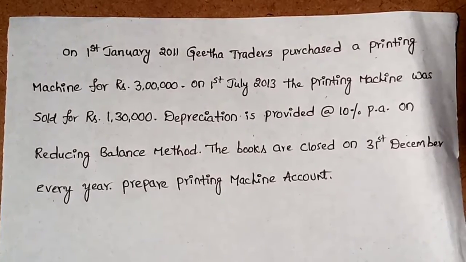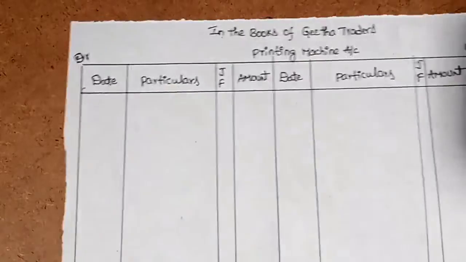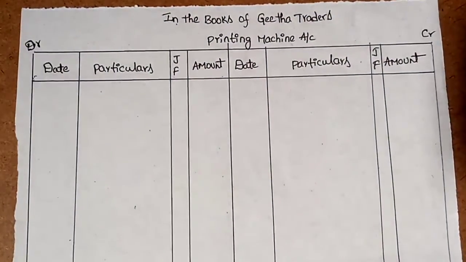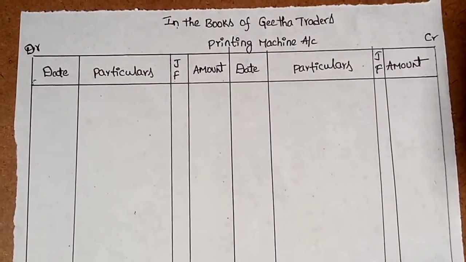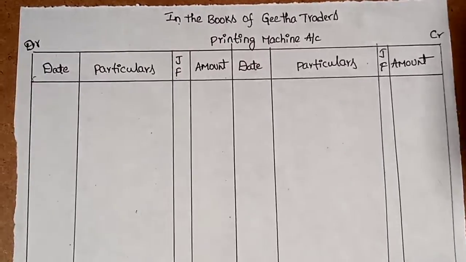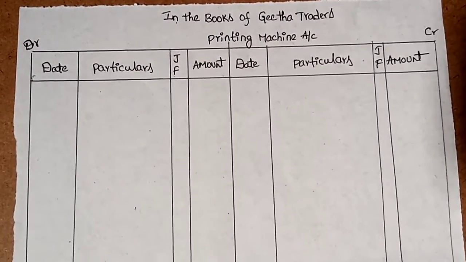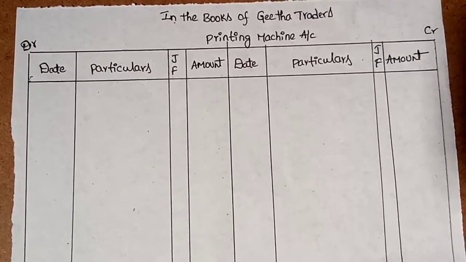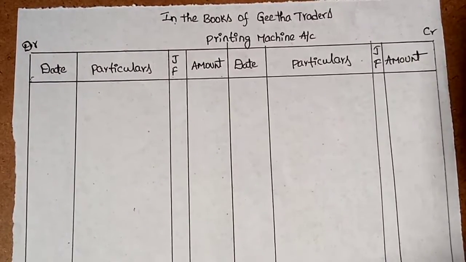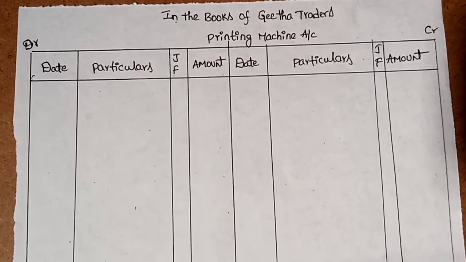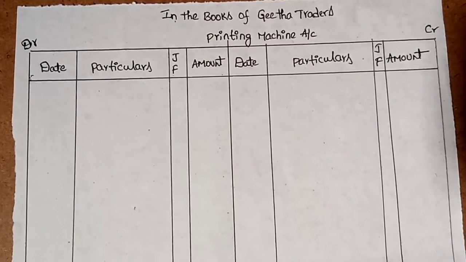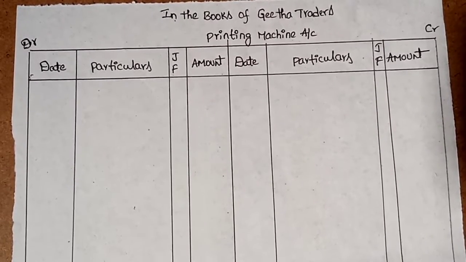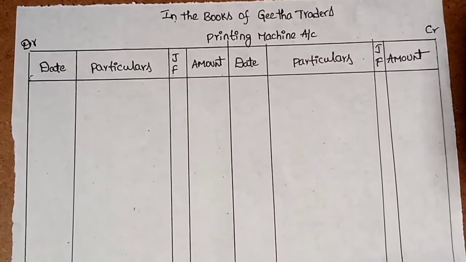For this problem we have to prepare the solution, and this is the format of the printing machine account. In the books of Geeta Traders, printing machine account: date, particulars, JF number, amount, date, particulars, JF number, amount. First of all, on 1st January 2011, Geeta Traders purchased a printing machine for 3 lakh rupees.